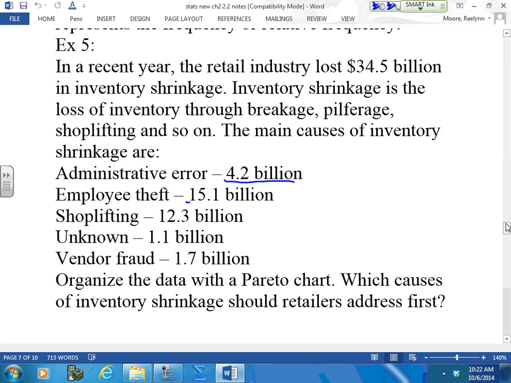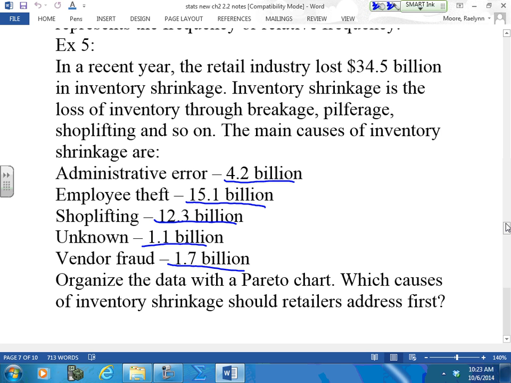Employee theft, $15.1 billion. Shoplifting, $12.3 billion. Unknown, this could be a number of things: things mismarked, mislabeled, misread, whatever. Vendor fraud, 1.7 billion. You want to make a Pareto chart which shows them from the highest to the lowest, because someone looking at this wants to hit the highest cost first.